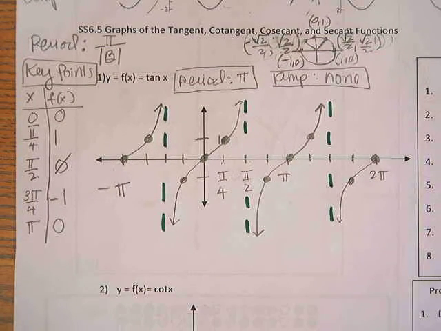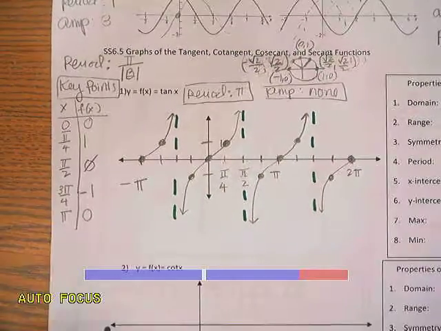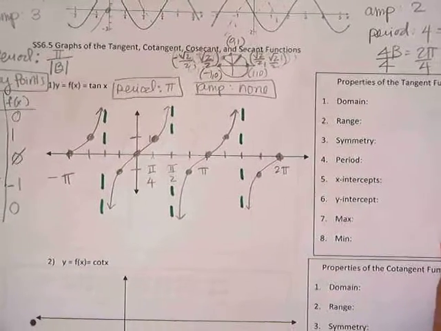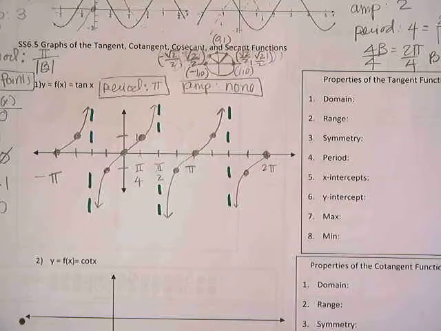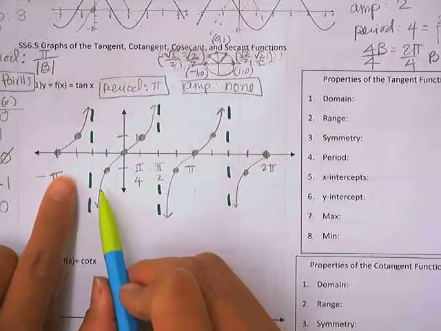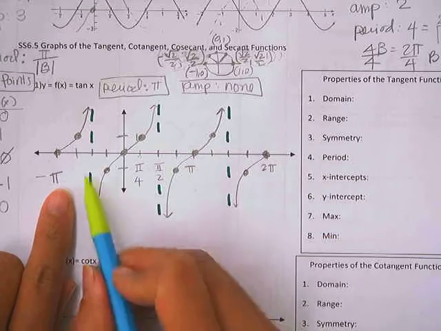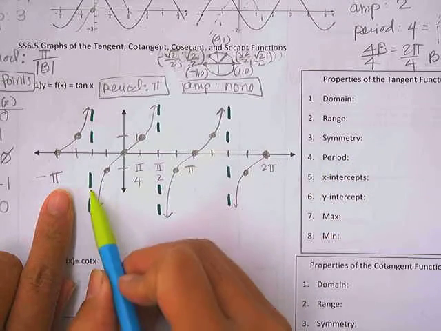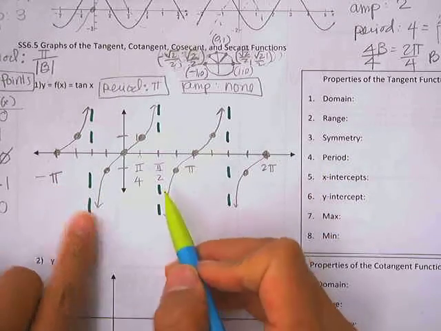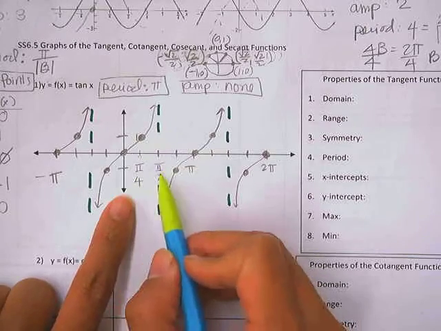Okay, so now we are going to answer your domain and range, and I want to make sure I can zoom out so we can see an awesome graph here. The domain is going to be all real values excluding these locations right here. So let me count these locations. This is pi over 4, 2 pi over 4.